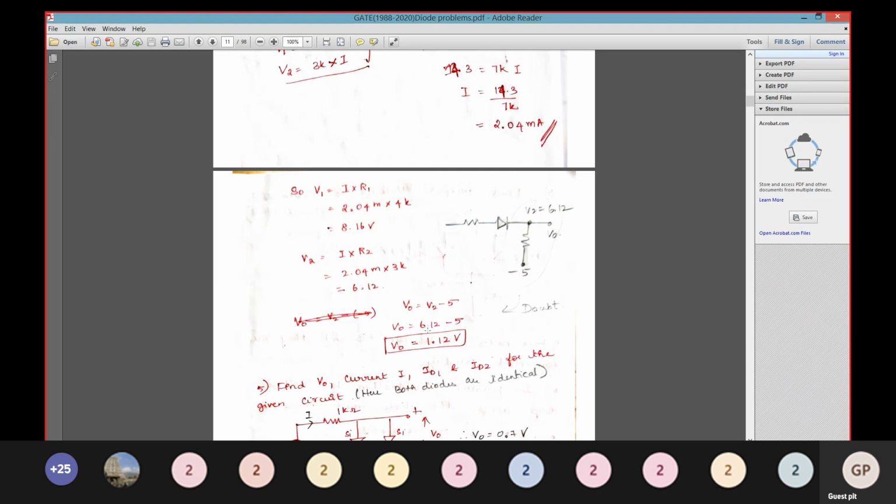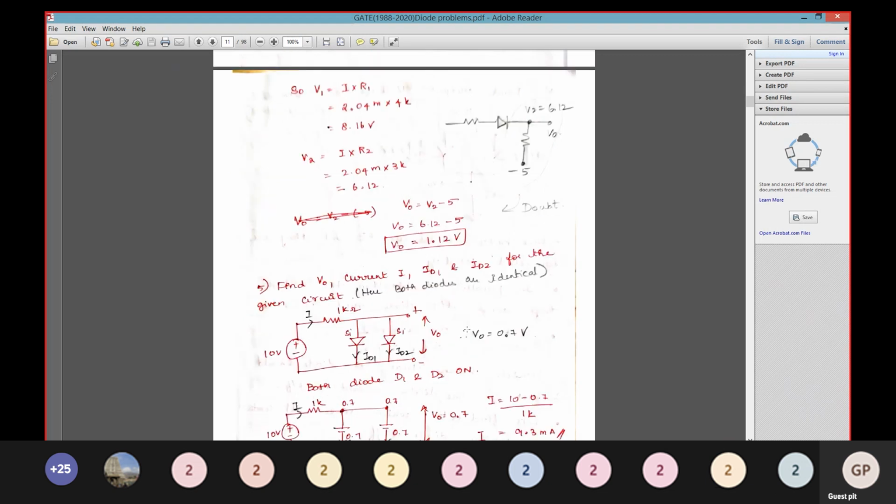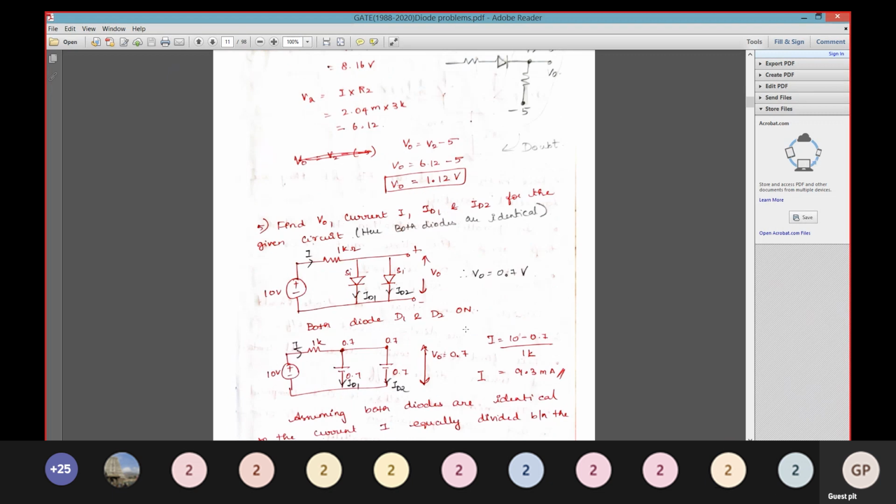So V naught is equal to 6.12 minus 5, and the output voltage is 1.12 volt.